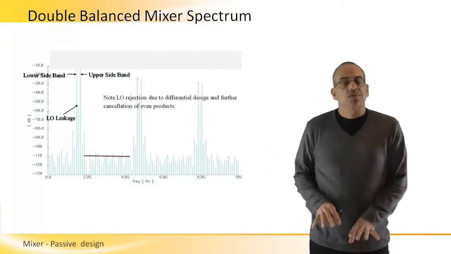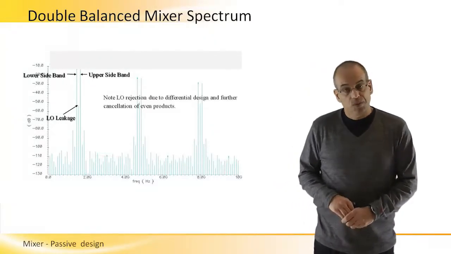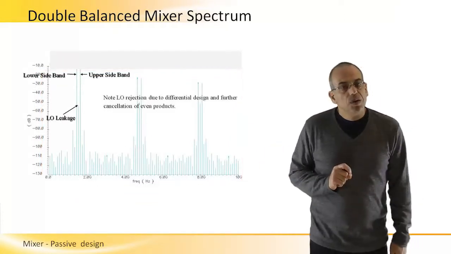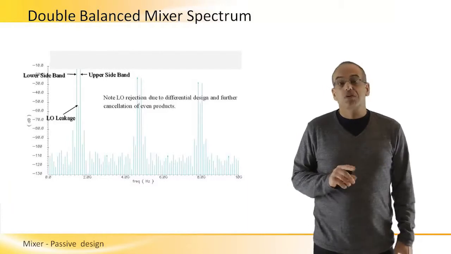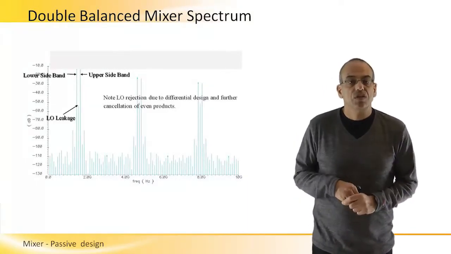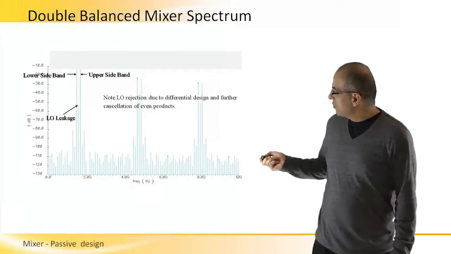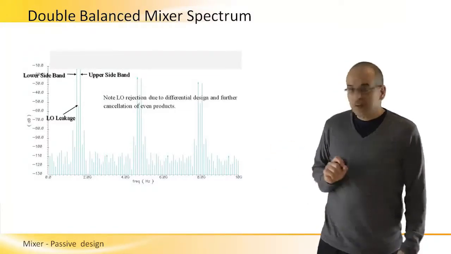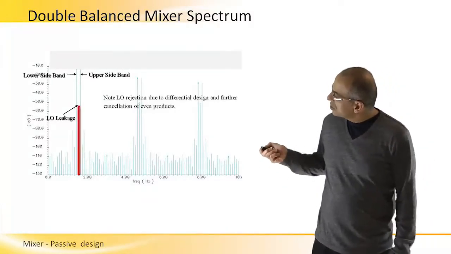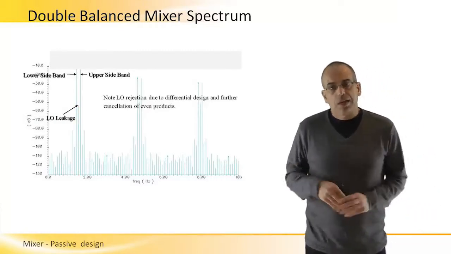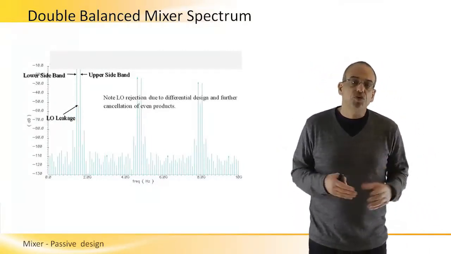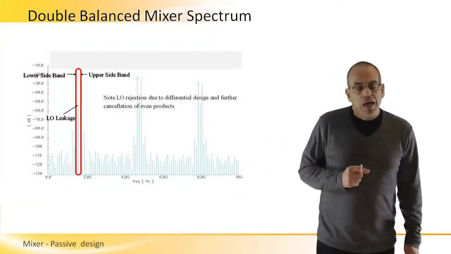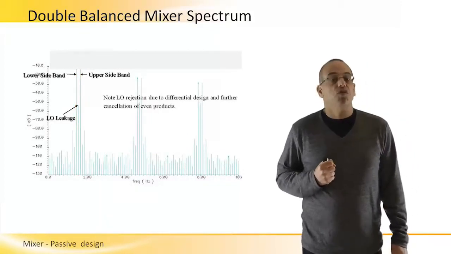They are rejected much lower than they used to be before. This is a theoretical picture, because it does not take into account layout differences that may still have some effect on the second and fourth harmonic, and also some effect on the LO leakage. But let's look at the new LO leakage. The LO leakage here, with these, let's say, not ideal but improved conditions, is much lower than the information itself. And this is how we want our mixers to perform.